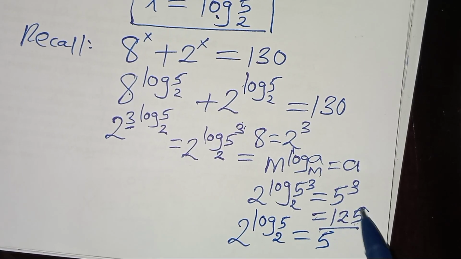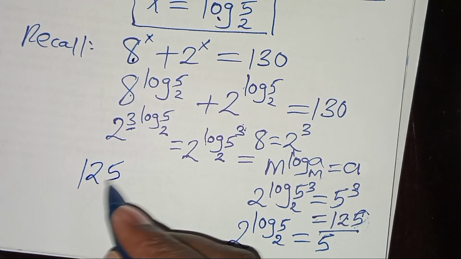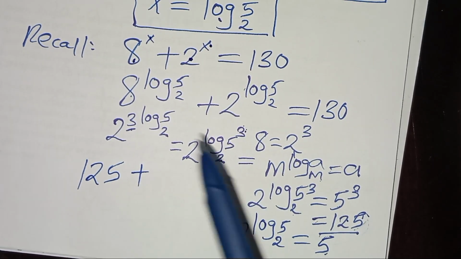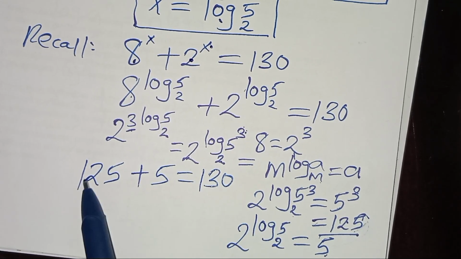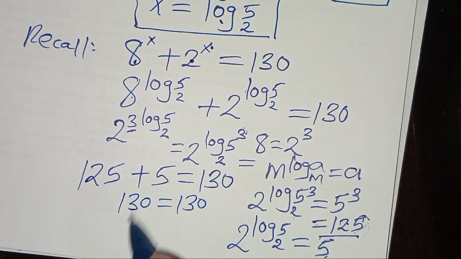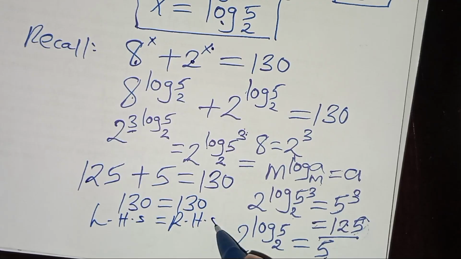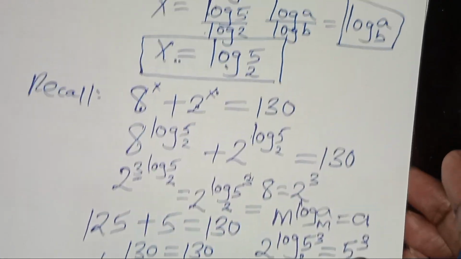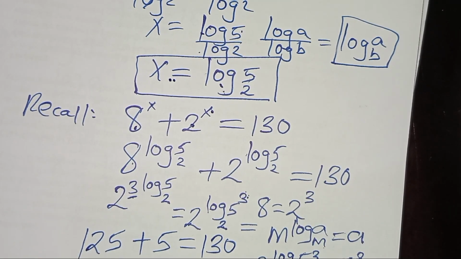So let's substitute this. 8 to the power x is the same thing as 125 plus 2 to the power x, which is 5. This is equal to 130. 125 plus 5 is 130. And that shows that the left-hand side is equal to the right-hand side. And that affirms that the value of x, which is actually log 5 to base 2, actually satisfies the equation.